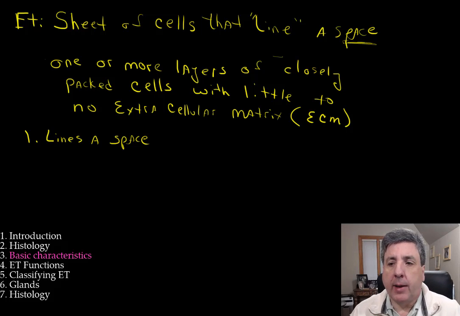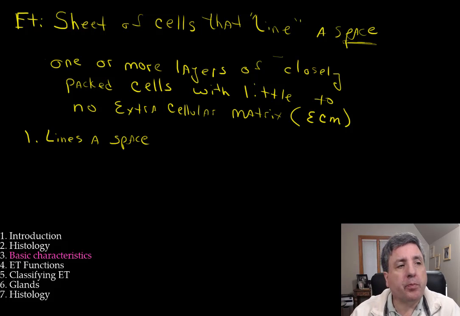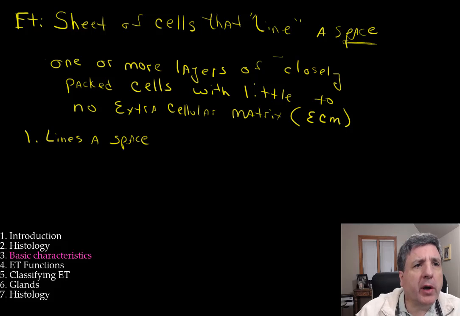It can line cavities. We have our thoracic cavity and abdominal cavities, so we're going to have tissue that lines those structures as well.